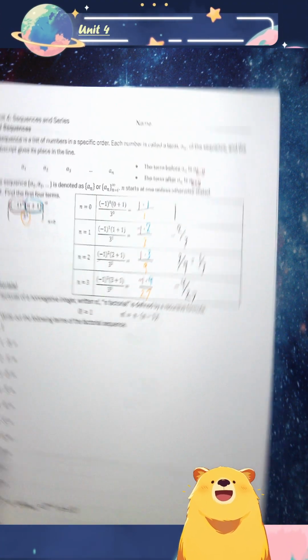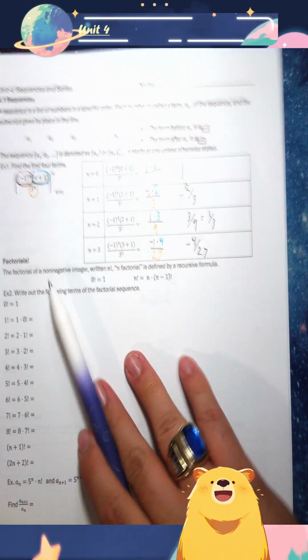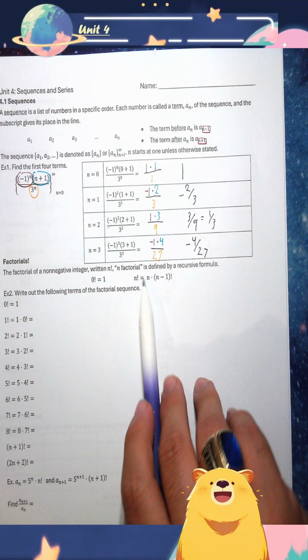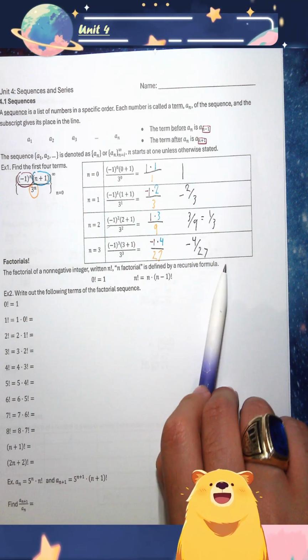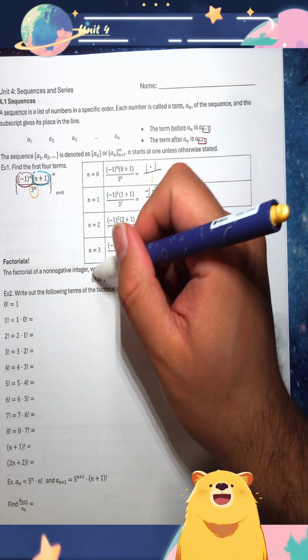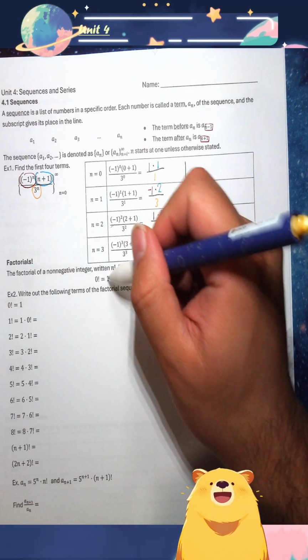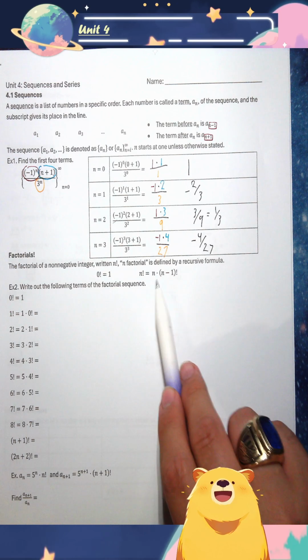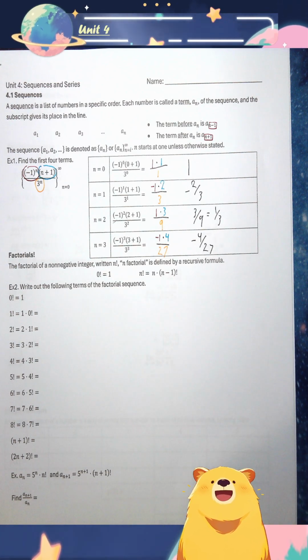So what's a factorial? The factorial of a non-negative integer, written as n exclamation point, n factorial, is defined by a recursive formula. You first start off with 0 factorial being equal to 1. And then you say n factorial is n times the previous factorial.